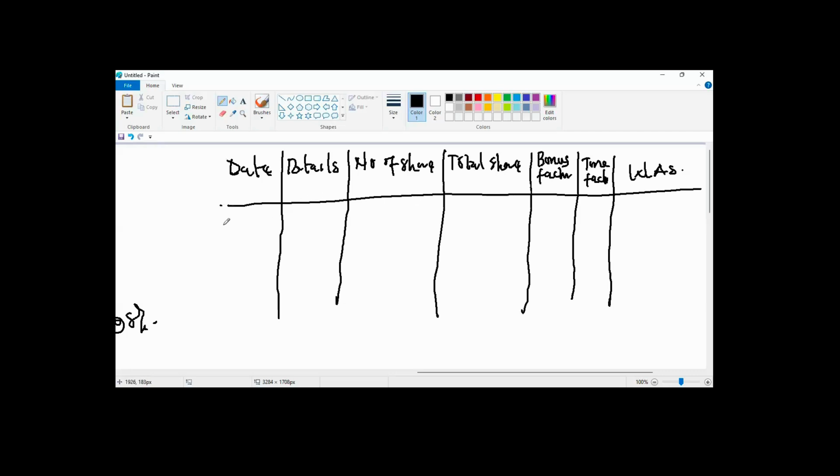So, date as of 1st October 2015, they've given me an opening balance of 72 million. So the total will still be 72 million because there's nothing before.